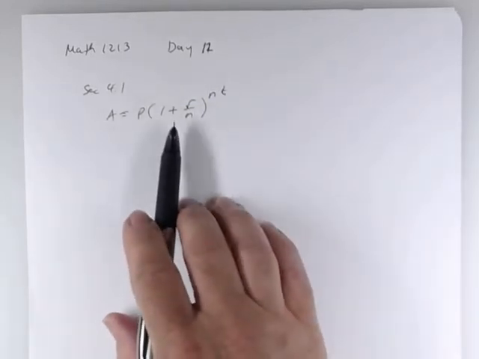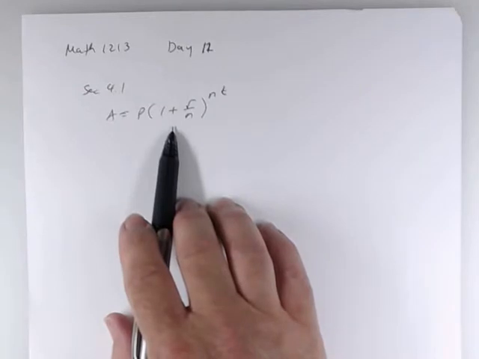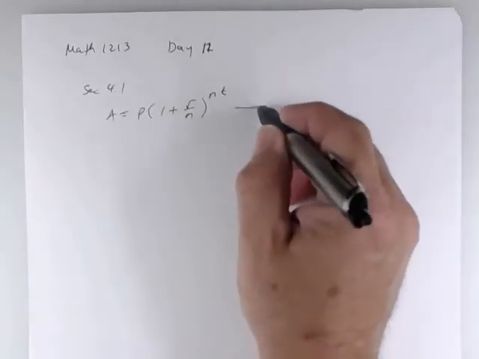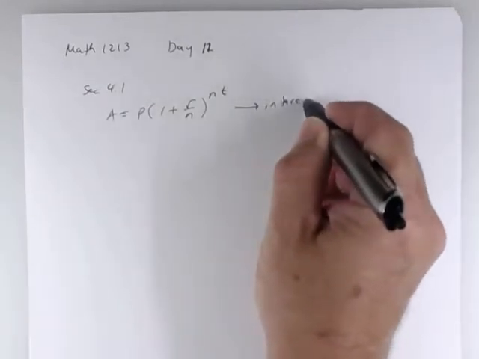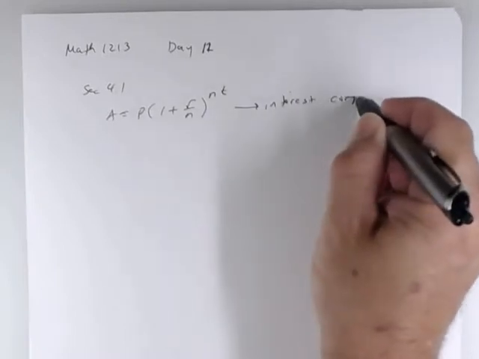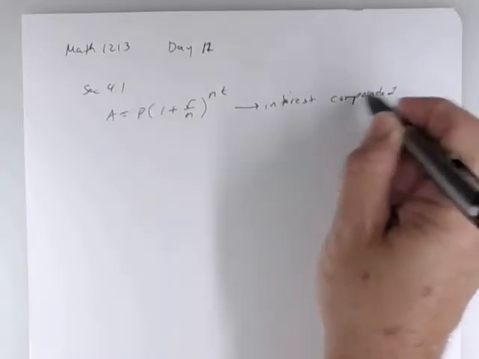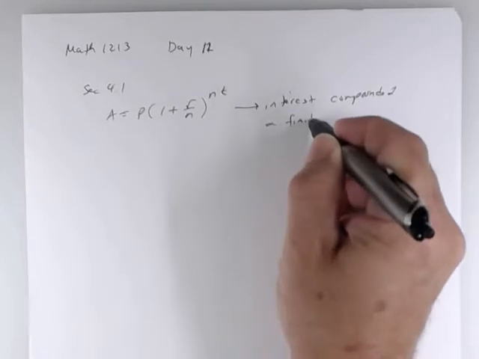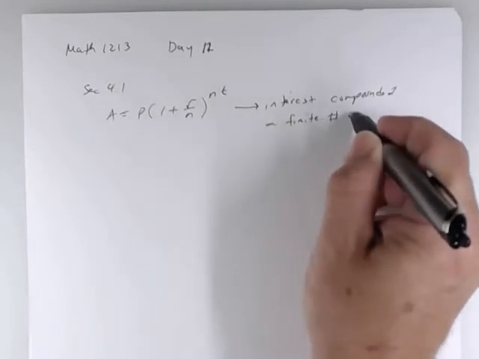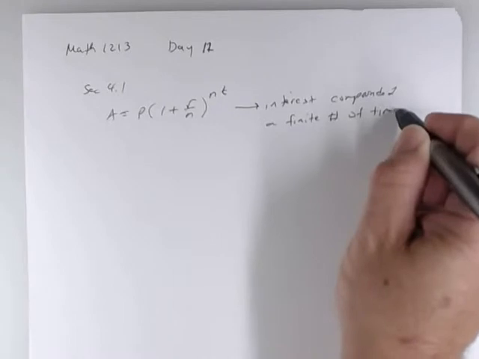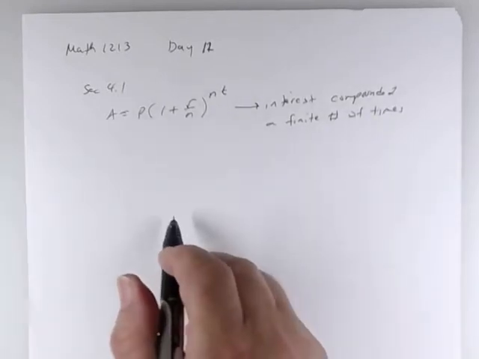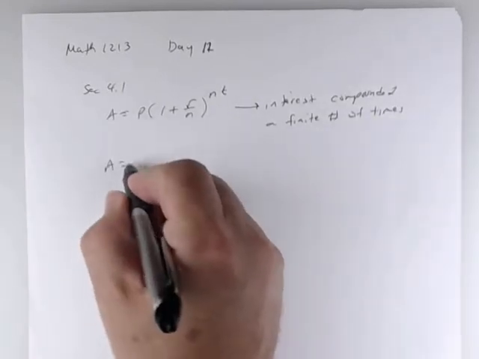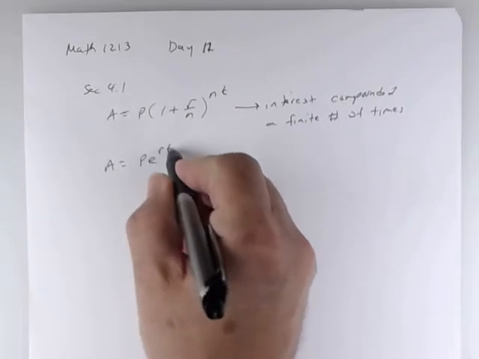And you're going to use this if your interest is compounded a finite number of times. And the other one is this, A equals P times e to the RT.